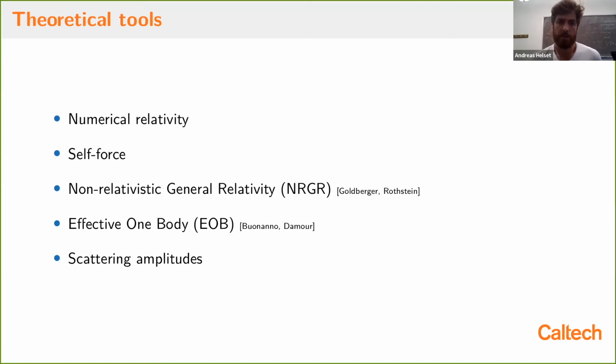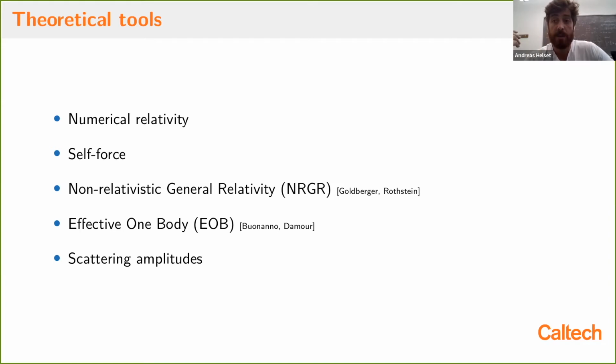A second method that can be applied is what's been coined non-relativistic general relativity, NRGR, by Goldberger and Rothstein, which is a way of tackling the problem by treating, say, two black holes as two non-relativistic world lines interacting with gravity.